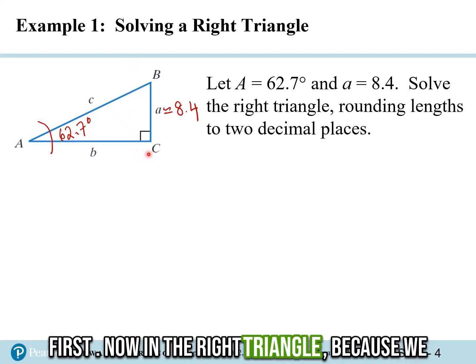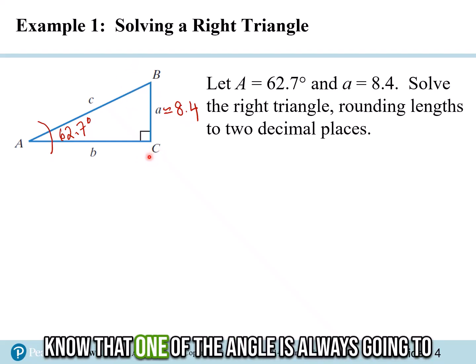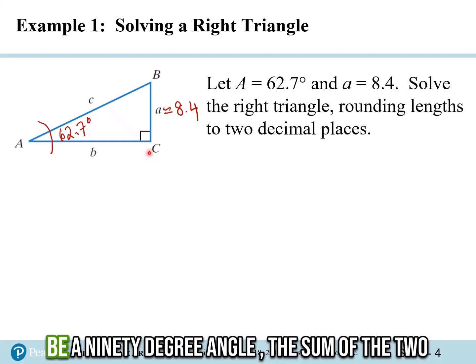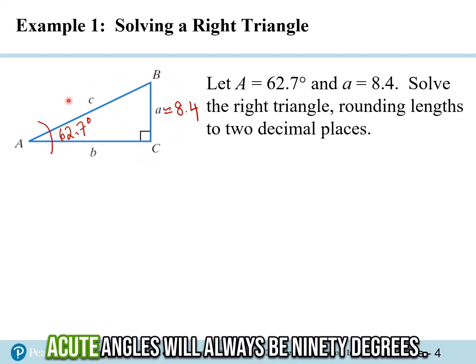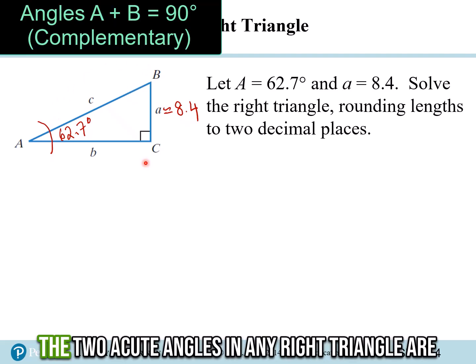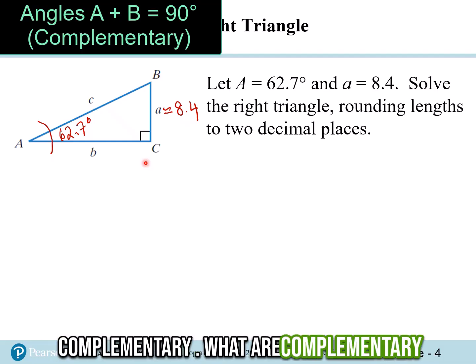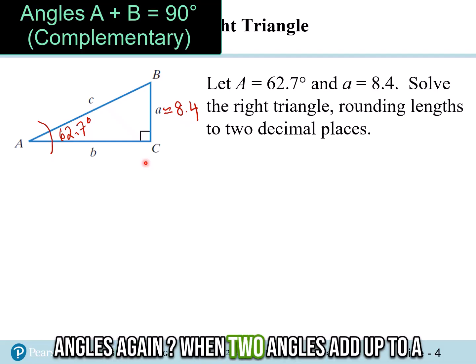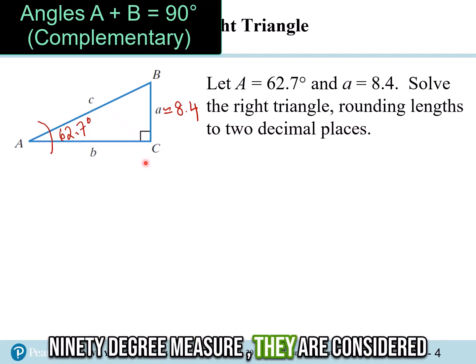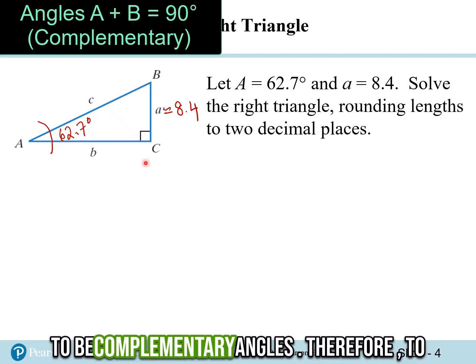Now in a right triangle, because we know that one of the angles is always going to be a 90-degree angle, the sum of the two acute angles will always be 90 degrees. The two acute angles in any right triangle are complementary. What are complementary angles again? When two angles add up to a 90-degree measure, they are considered to be complementary angles.